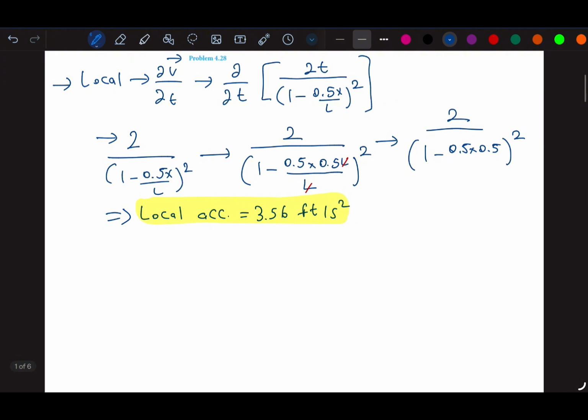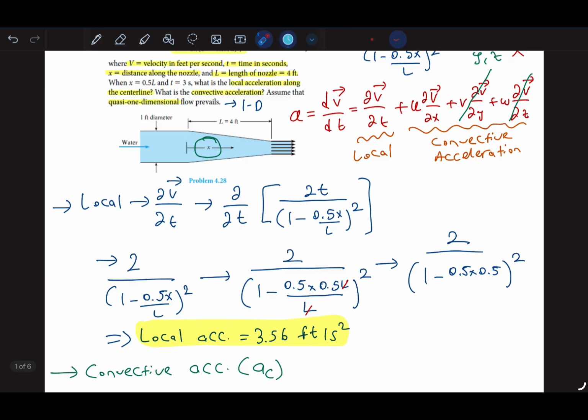And the next step is calculating the convective acceleration. Let me use AC. Since we eliminated these two terms within the convective acceleration definition, we only have this term.